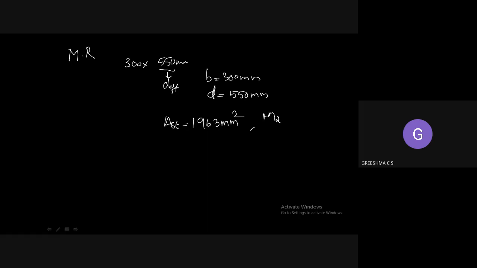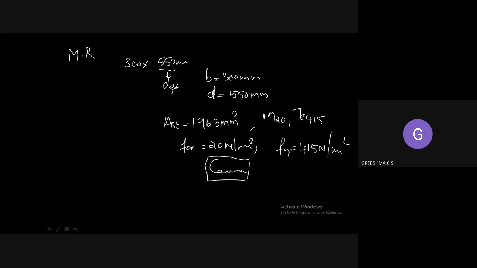They have used M20 and Fe415 steel, which means that FCK is equal to 20 Newton per mm square and FY is equal to 415 Newton per mm square. You have to comment on the design of the section. So these are the given data.